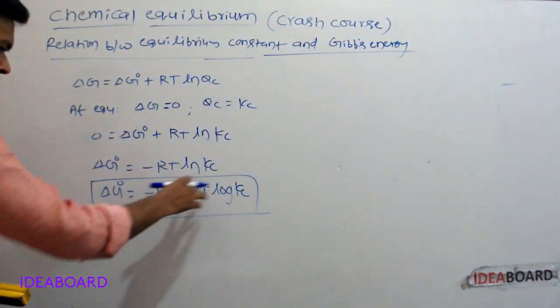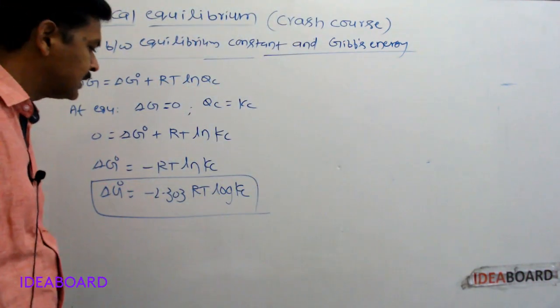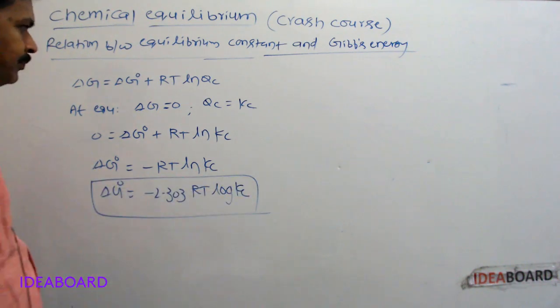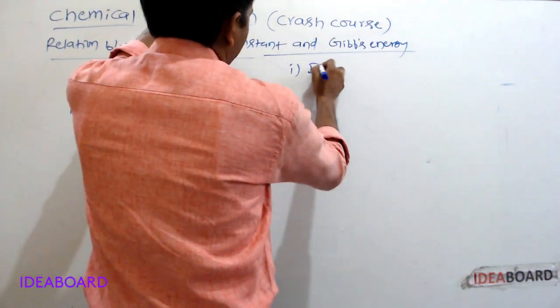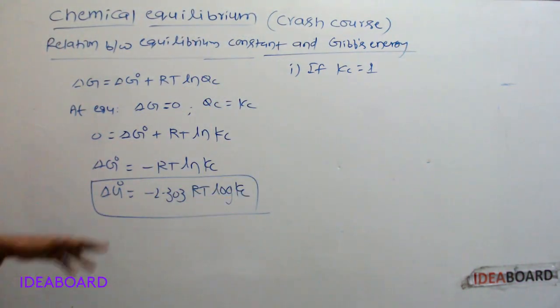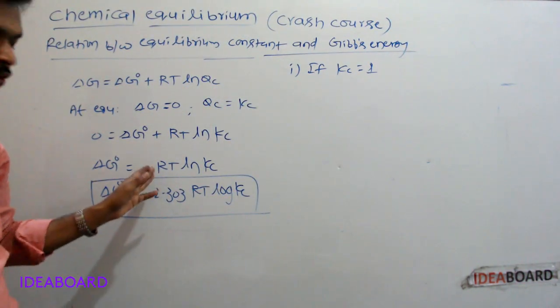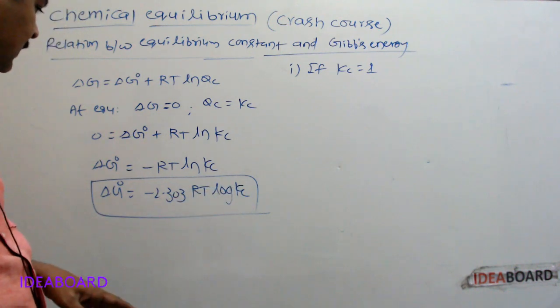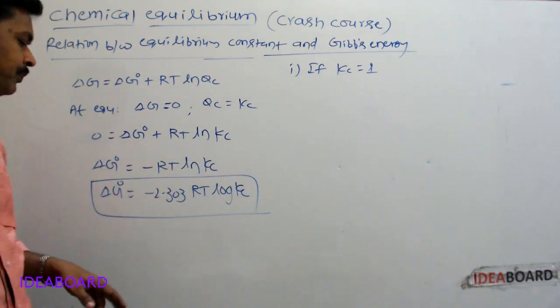See here, if Kc is equal to 1, delta G naught value should be 0.